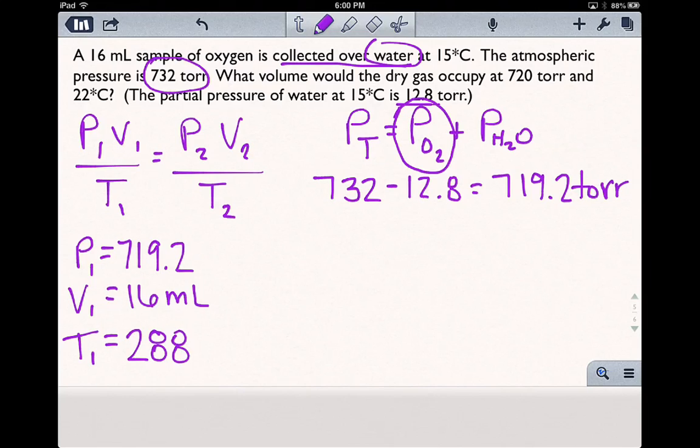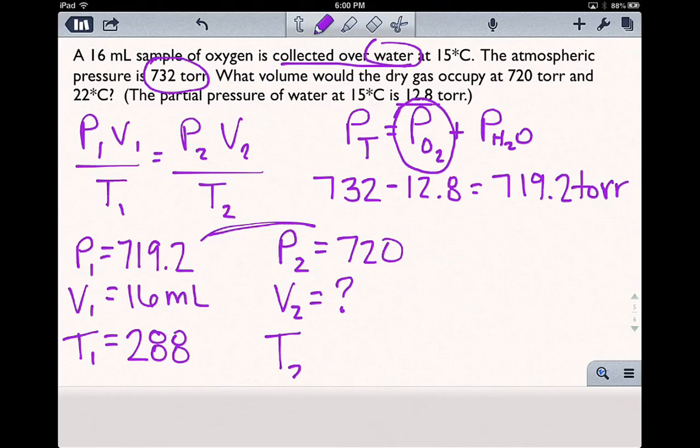And then the conditions I want to modify here is I want to see what happens to the volume if I change the pressure to 720 torr. That's not much of a change. So what does that do to the volume? And we're going to change the temperature just slightly as well. So we're going to go to 22 degrees Celsius. If you add 273 to that, you end up with 295 Kelvin.